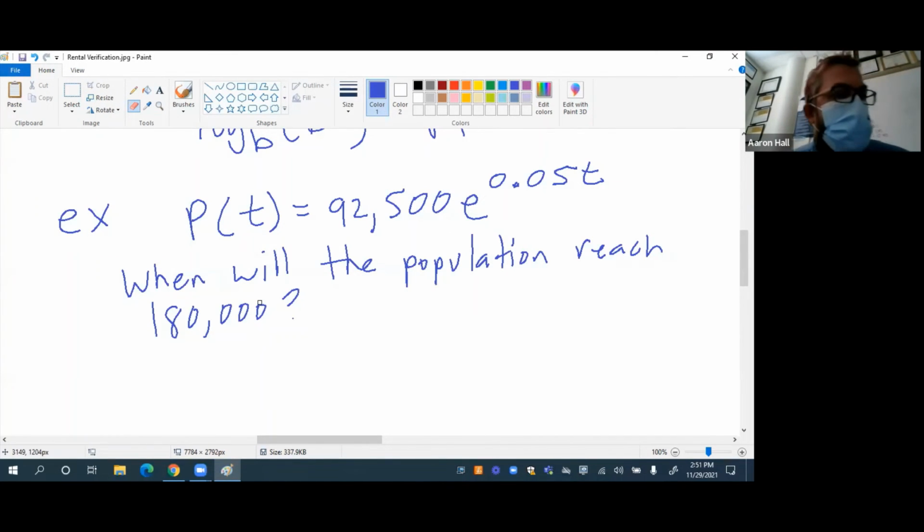I suppose the prompt is a little bit more interesting because part of the question says that the hospital can only accommodate 180,000 patients. And so we have city planners that need to make a prediction on when we need to start building onto the hospital.